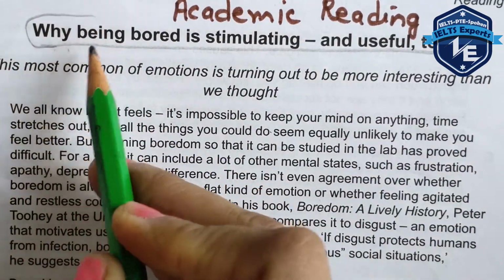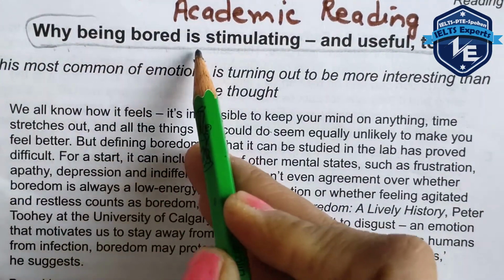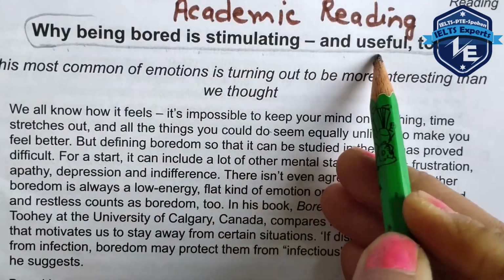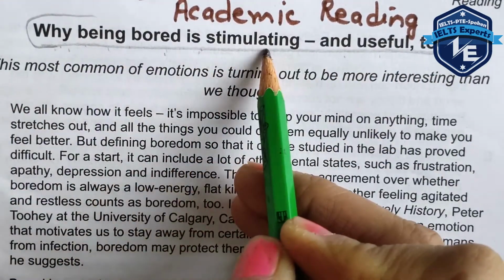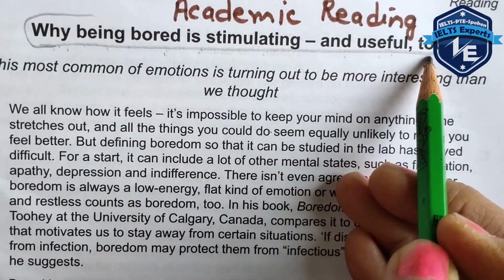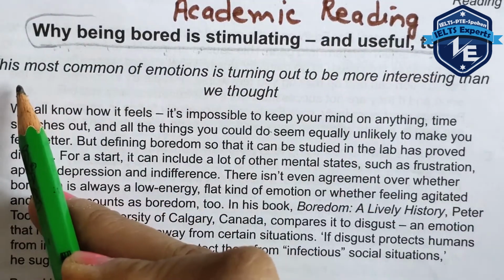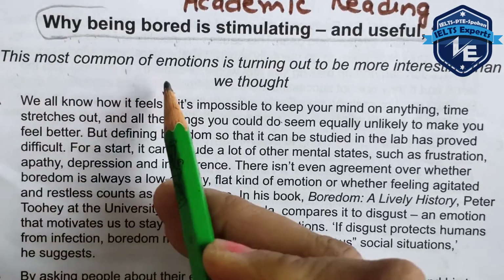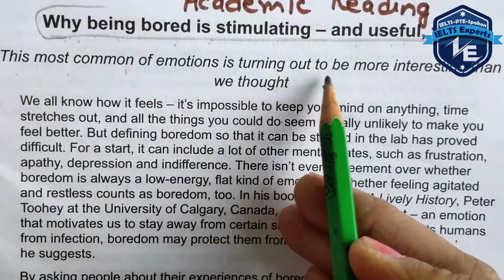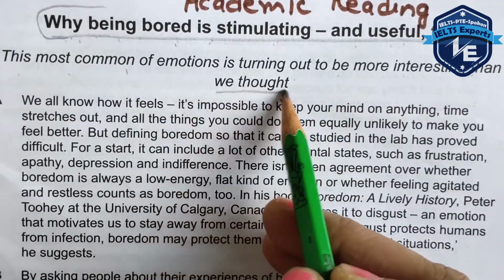So the topic is why being bored is stimulating and useful too. Of course you can read this one also: this most common of emotions is turning out to be more interesting than we thought.